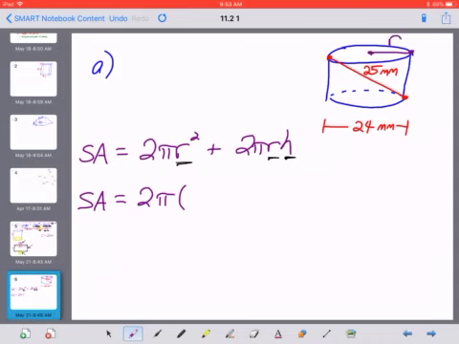Down here on the bottom, this entire piece coming across was given to us as 24 millimeters. That is our diameter, the distance always across, and the radius is always half of that diameter, so half of 24 gets us 12 millimeters for the radius of this figure. So 12 is our radius, and we're going to square that.